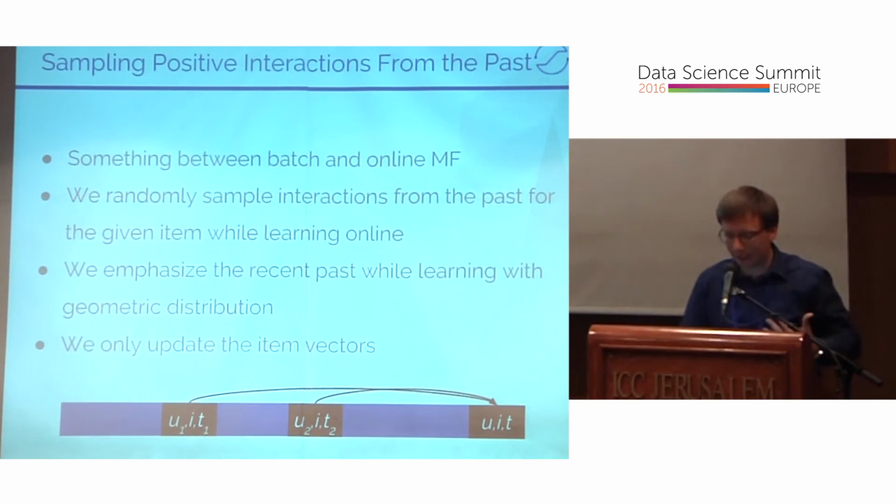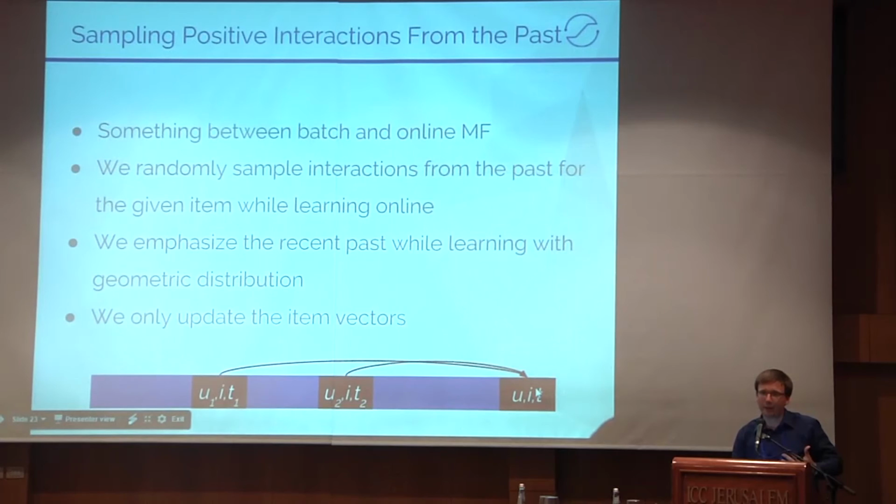When we learn in time for a given user and a given item at time t, we also observe the past of this given item, so the users that this item was also interacted with in the past. And we're going to randomly sample from these, oversampling the very recent past.